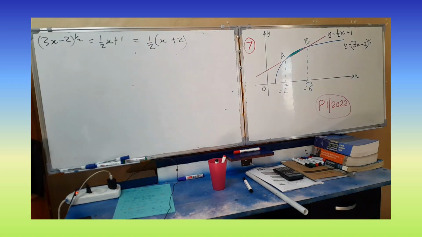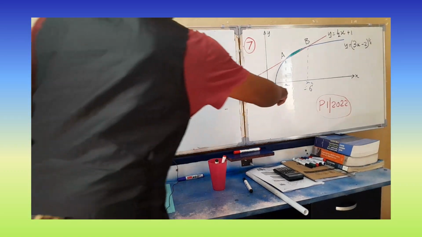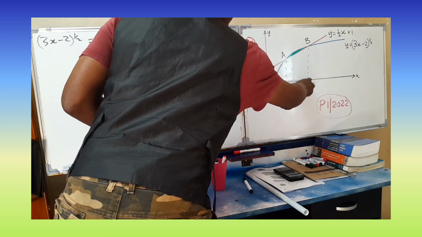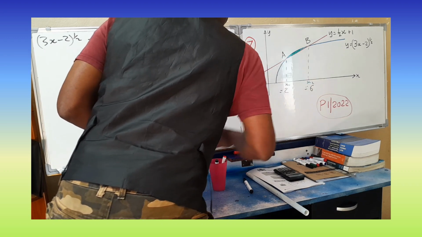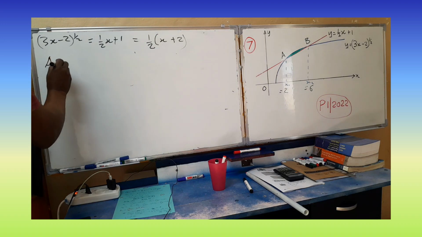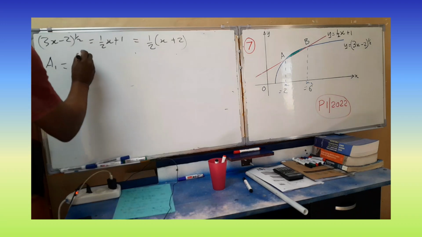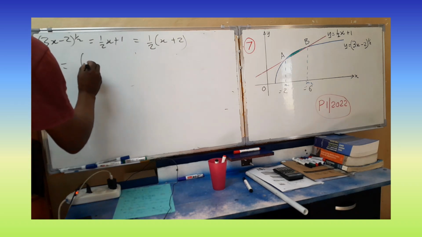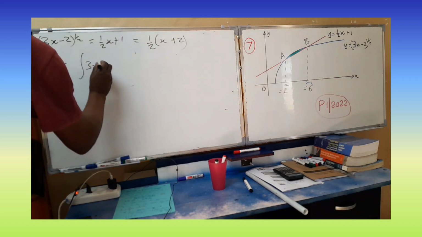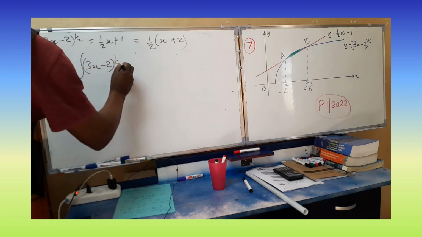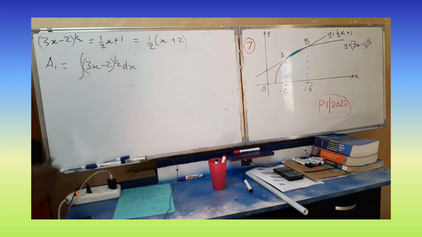So let's call the area under this blue graph between x1 and x2 A1. That area is given by the integral, we're dealing with the blue graph, of 3x minus 2 to the power half dx.